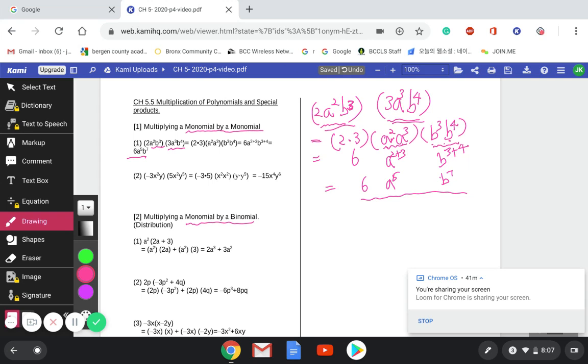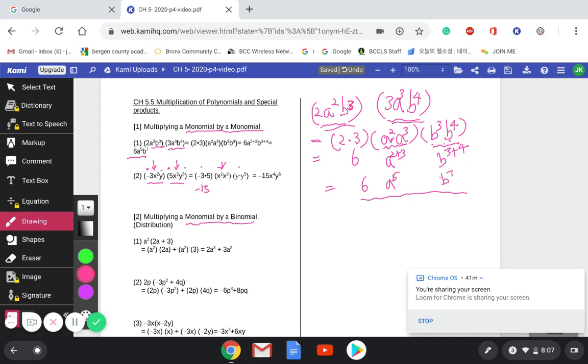How about negative 3x squared y times 5x squared y fifth? Again, you group numbers first, group the same base second, and then group y bases third. So negative 3 times 5 becomes negative 15, because when you multiply signed numbers, you count how many negatives you have, and you just multiply each value.